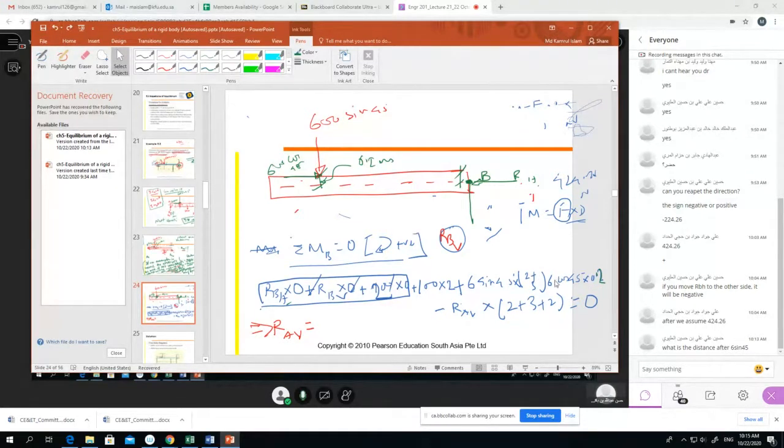So I write the distance more clearly here, since it is not clear there.